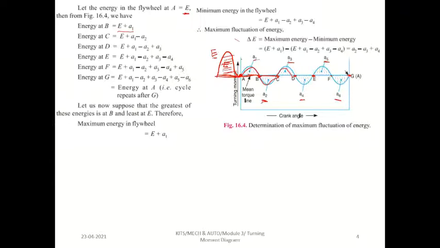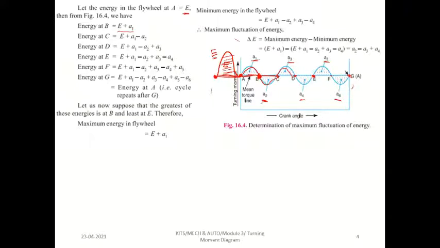At what place will we have maximum energy? Between these two points, where will we have maximum energy? Maximum energy will be at point B, because here E is positive and A1 is also positive. Where will we have minimum energy?